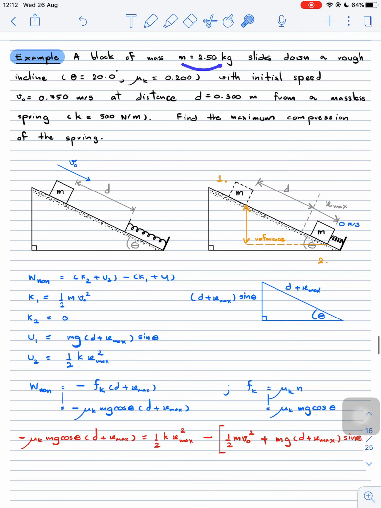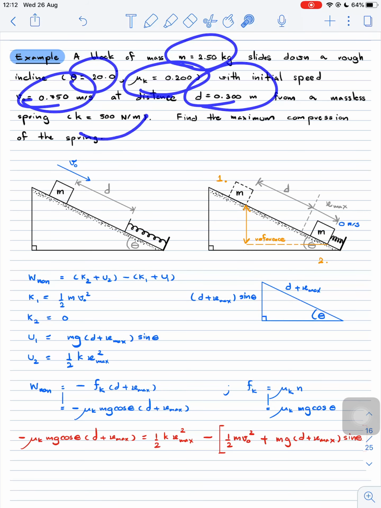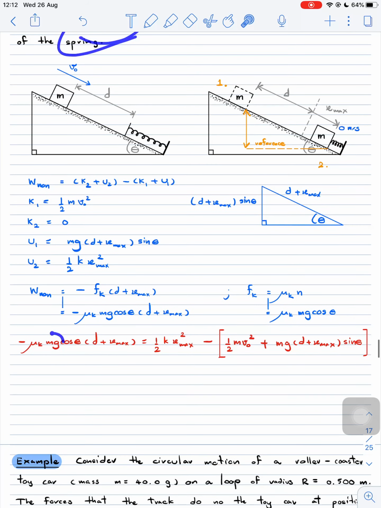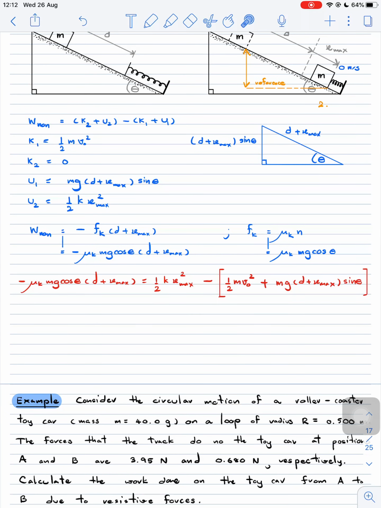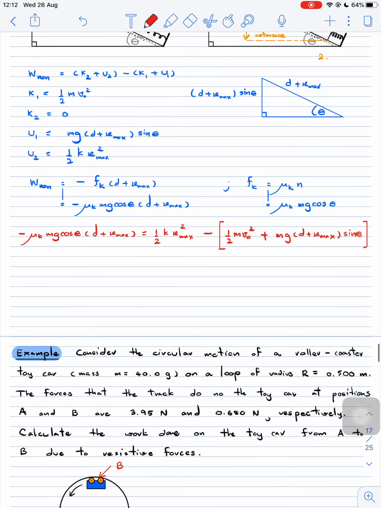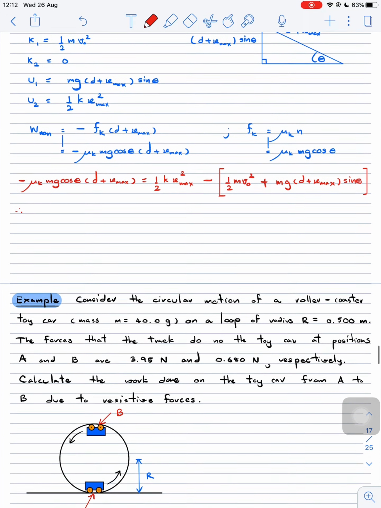Okay, so the next step is you need to plug in the number of everything. So you need to plug in the mass m, theta, the mu k, the v0 and the d, and the k, and then finally for the g. Okay, and you just solve the quadratic equation for the x max, right? If you just keep this part because it's too lengthy, I mean it just takes time, right?